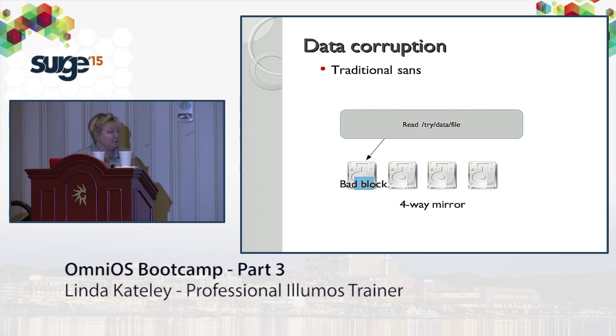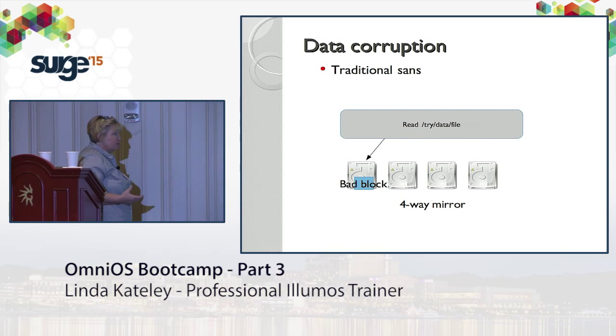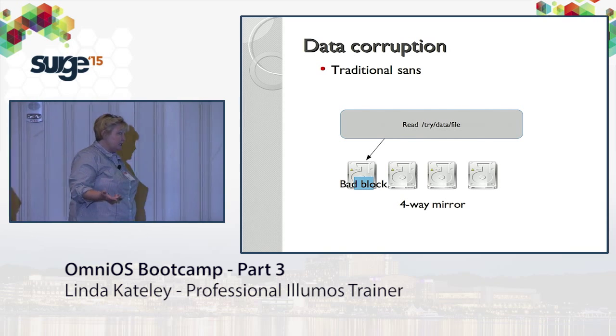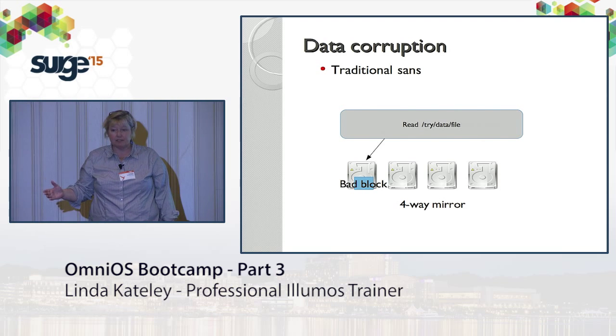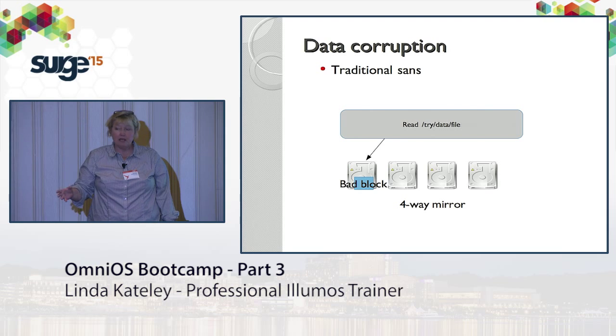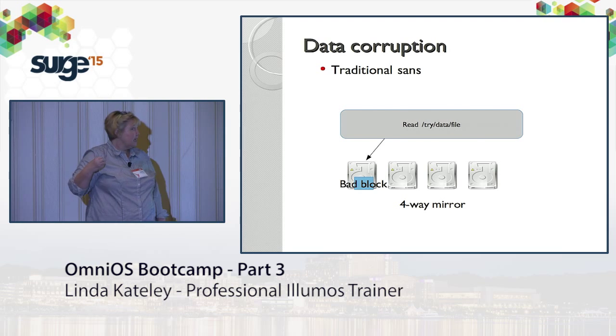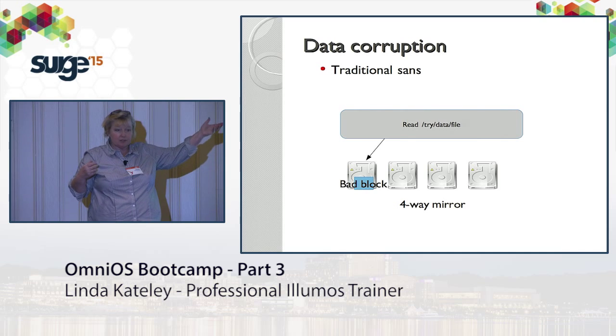So I talked a little bit about this idea of data corruption. What ZFS does, typically, even if you had a 4-wide mirror in those massively expensive enterprise SAN devices, and you read in a bad block, if there's not anything there to check the checksum and make sure that's not bad data, then you get what's called silent data corruption.